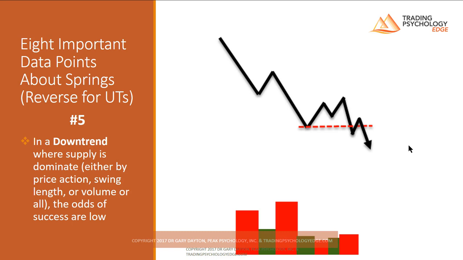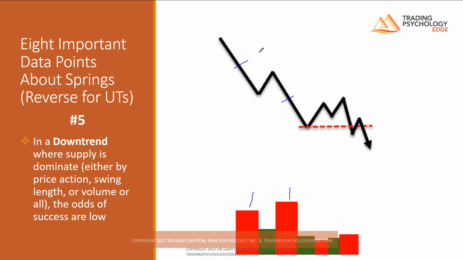Okay, and we said that in a downtrend, when supply is dominant, either by price action, swing length, or volume, or all, or some combination of those. So swing length, you can see the down legs are stronger or longer than the up legs. The volume is growing to the downside.